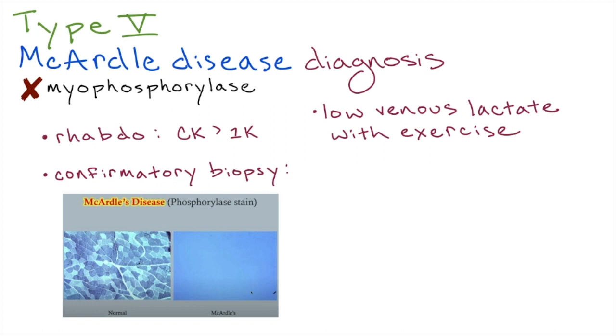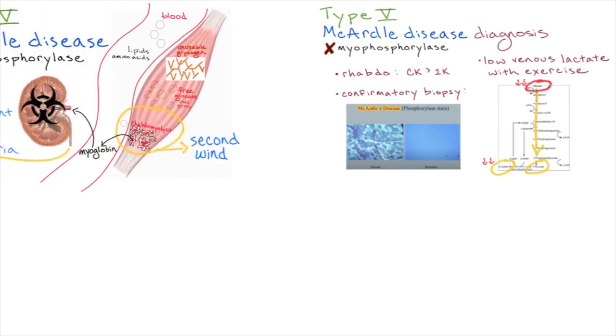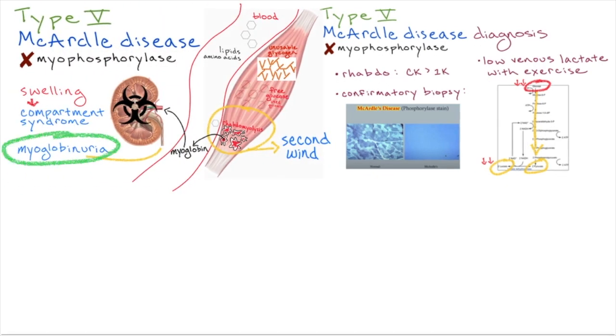The reason for this is fortunately intuitive, given that lactate is generated from pyruvate, which is the end product of glycolysis, and McArdle's patients are not doing a whole lot of glycolysis without accessible glucose. Therefore, low lactate. If your patient is complaining of exercise intolerance with subsequent dark urine, and you find both high CK and low venous lactate in the context of otherwise normal markers of exercise, like an expected rise in ammonia, you should suspect type 5 GSD.